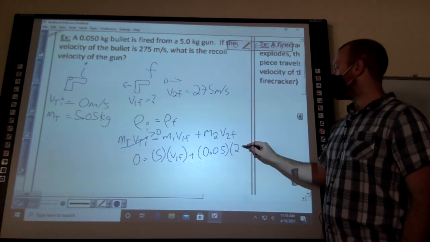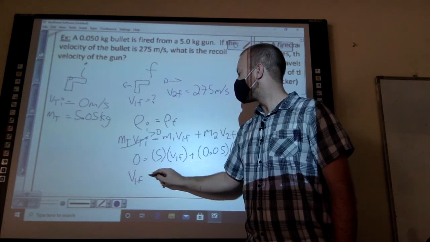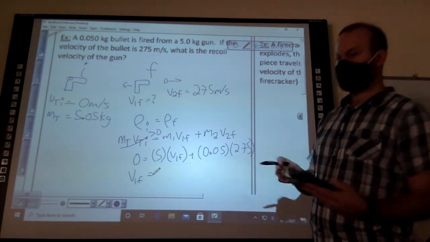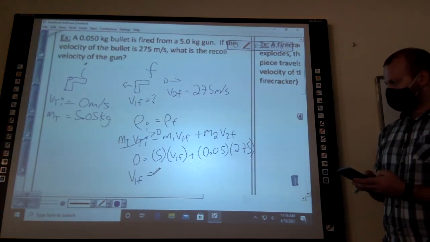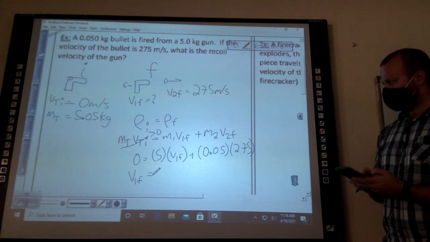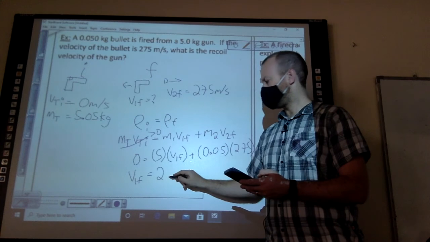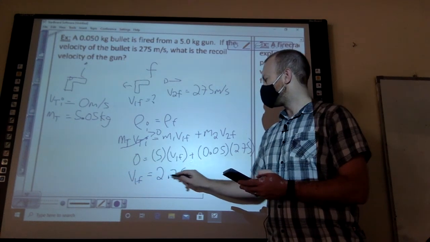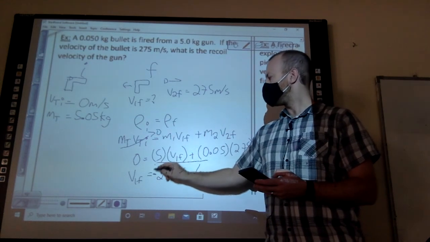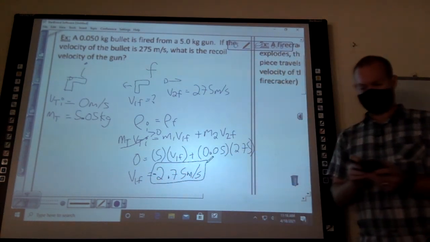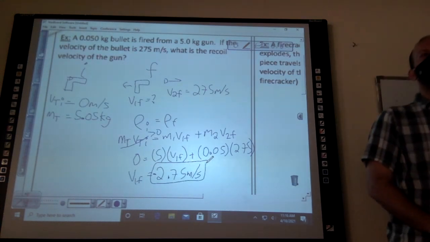And it's going 275. Notice my velocity is negative.